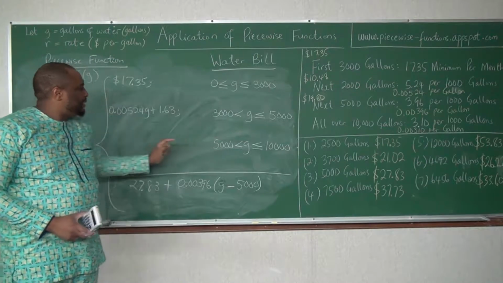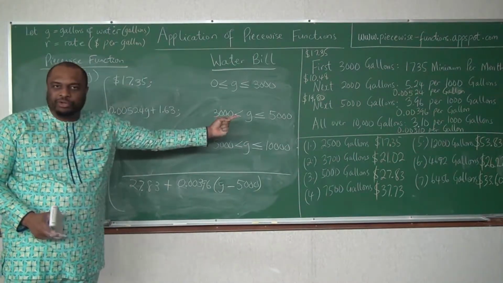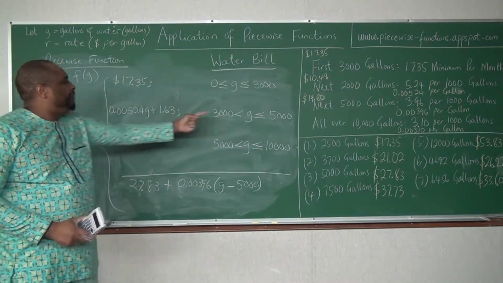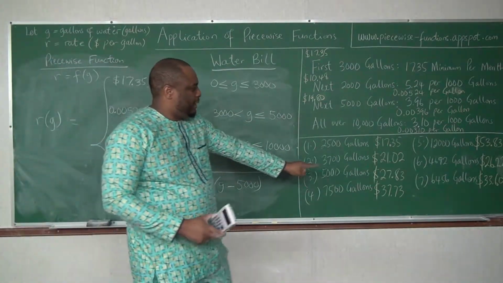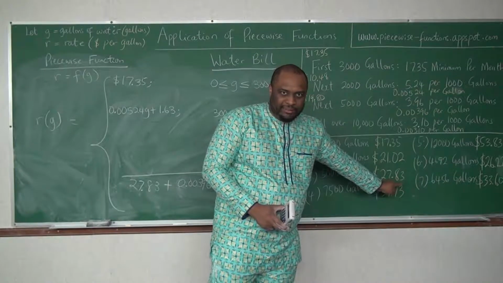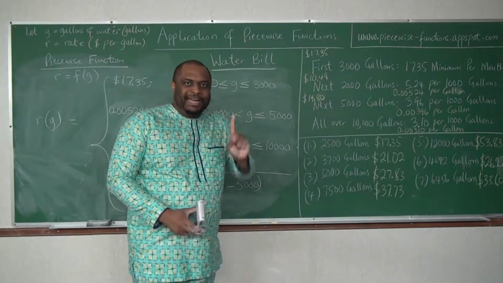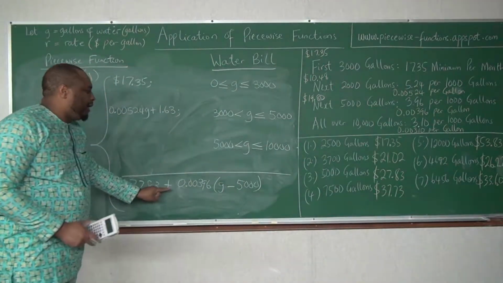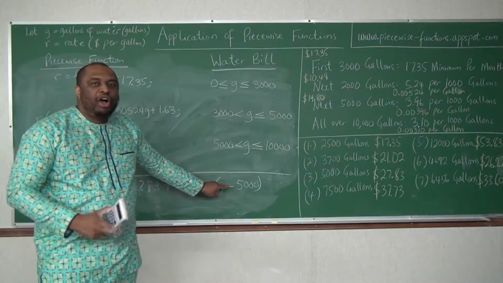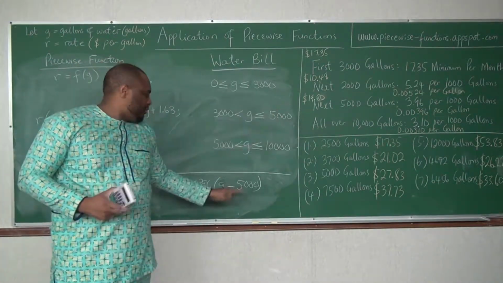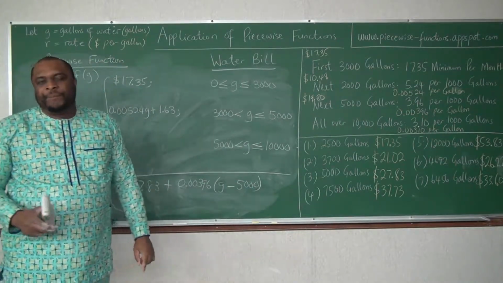Now to get this, we find out what you must pay first. You must pay for 5,000 gallons first, and for 5,000 gallons, it's $27.83. Then plus 0.00396 on any gallon over 5,000 gallons.